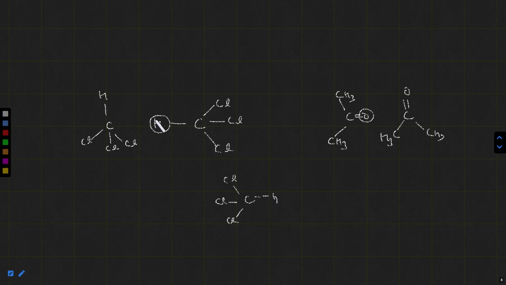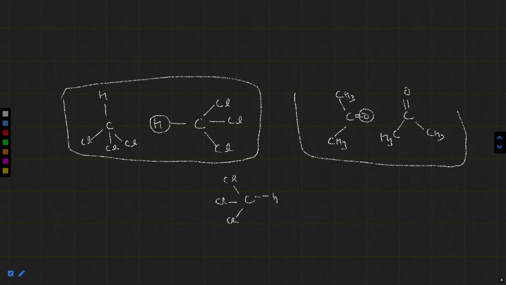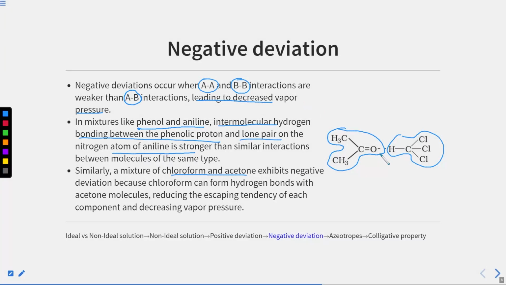Here we have a hydrogen that can interact, but we do not have an electronegative element to do the hydrogen bonding for this molecule. For the other molecule, we have an electronegative element, but we do not have an acidic hydrogen. But if we bring these two together, they fulfill each other's wishes and do intermolecular hydrogen bonding, which is shown here.